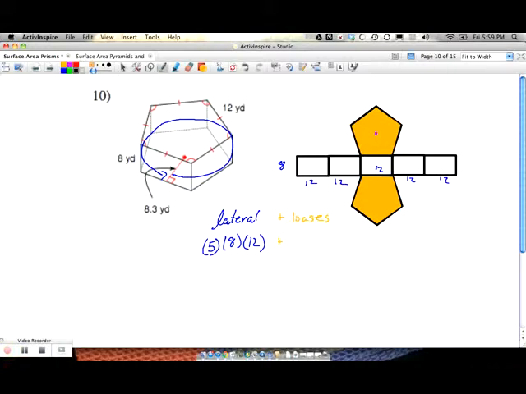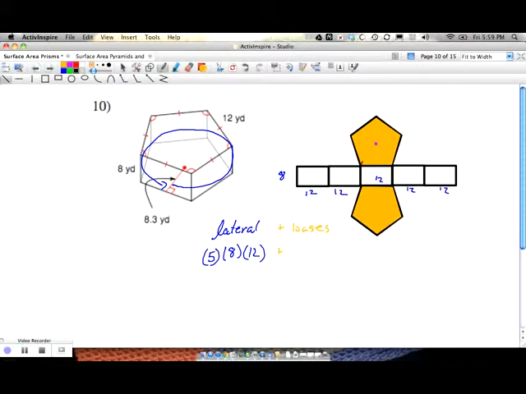So let's do that. I'm going to go ahead and split this up into 5 triangles. Just to make this a little bit easier. And notice too that these 2 pentagons are congruent. So if I find one, I just got to multiply it by 2. That gives me both of them.